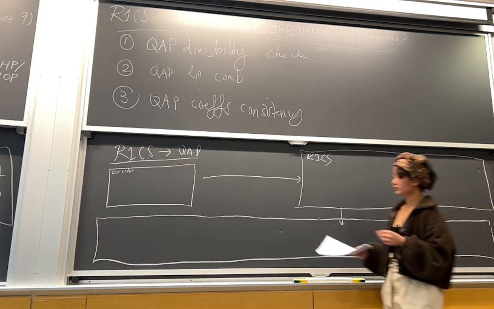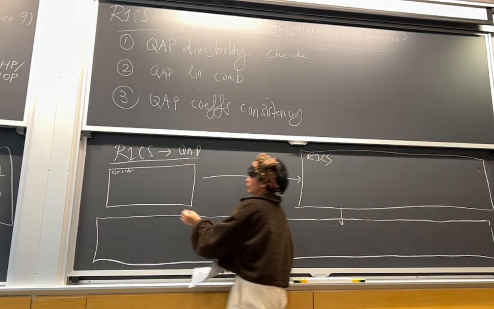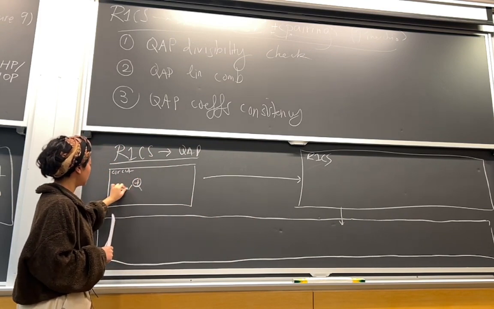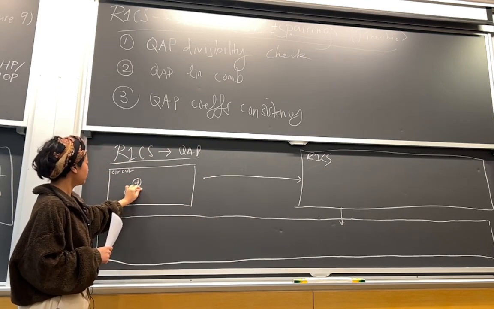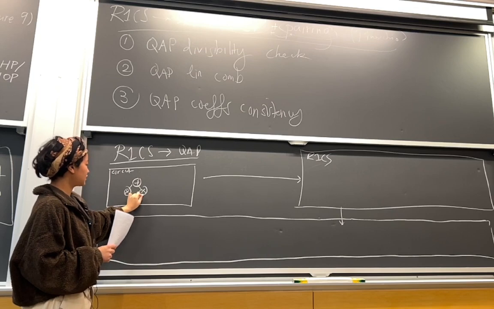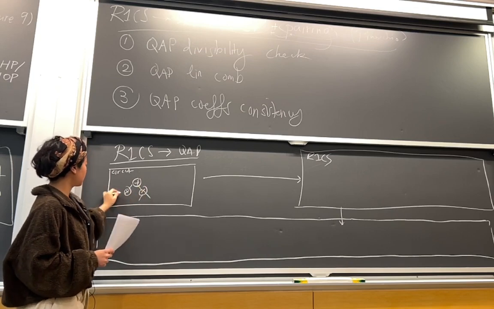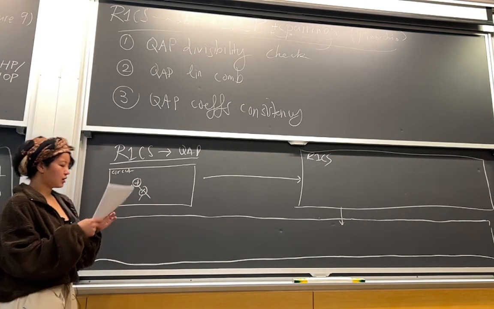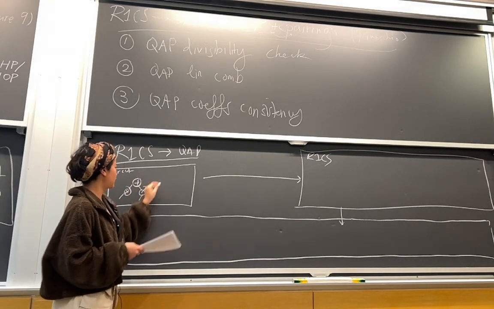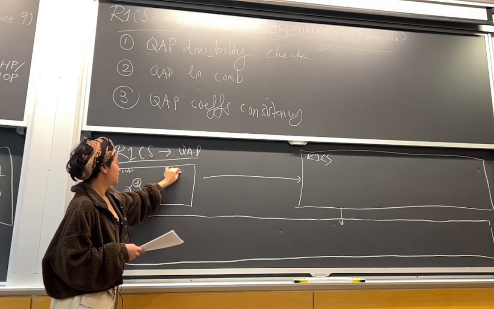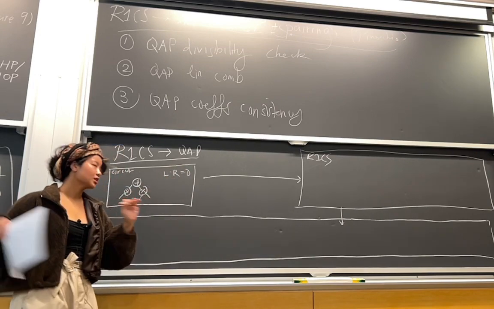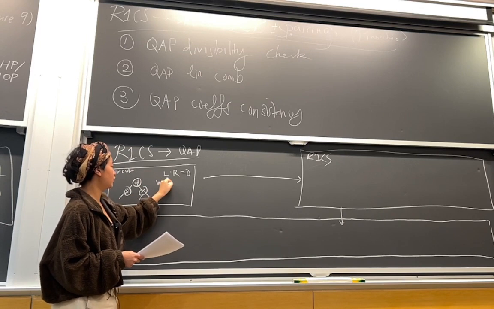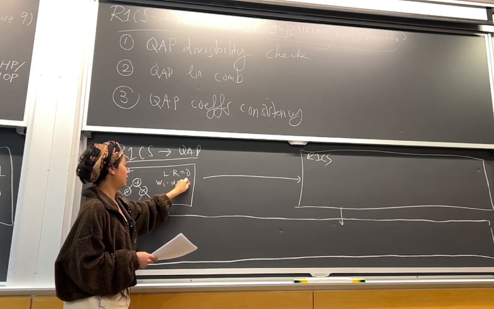So very quickly, we can represent a program as a bunch of wires and gates, addition and multiplication gates. And these gates correspond directly to something called the flattened constraints form, where we have a left variable, a right variable, and an output variable.